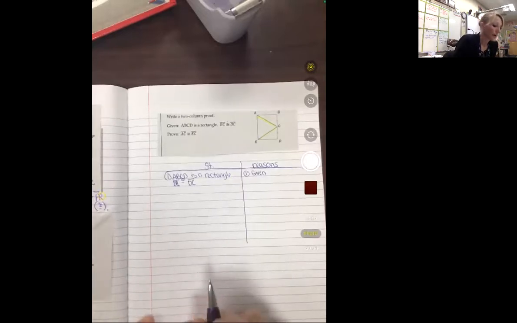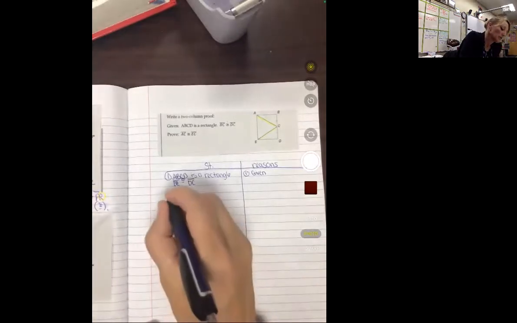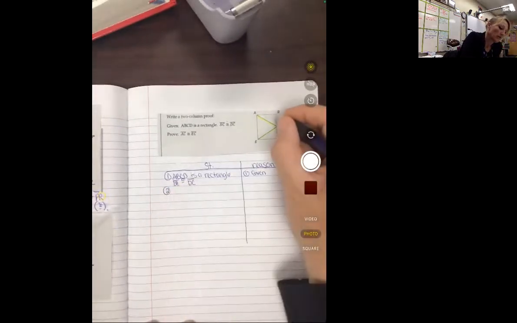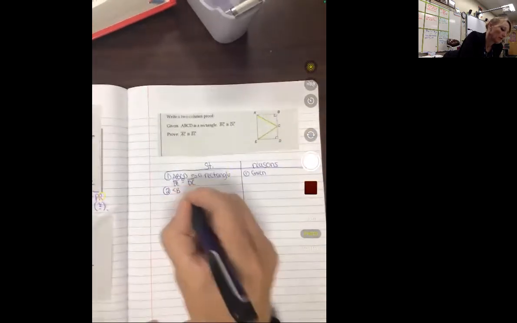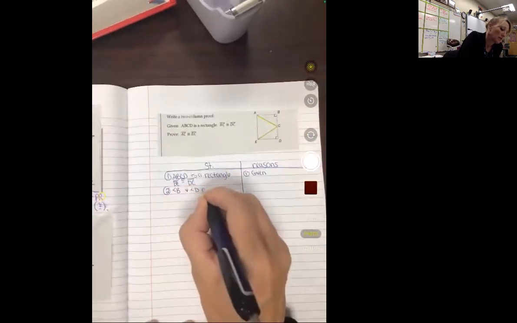So just by looking at it, I think we probably can prove some congruent triangles, and that would be able to use CPCTC. So I'm going to start with right angles. So I can say that angle B and angle D are right angles.